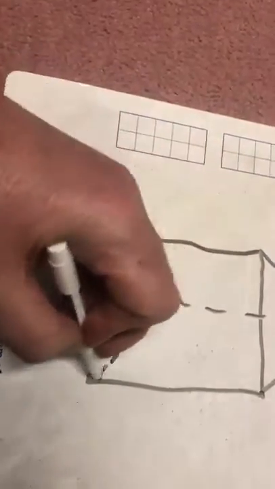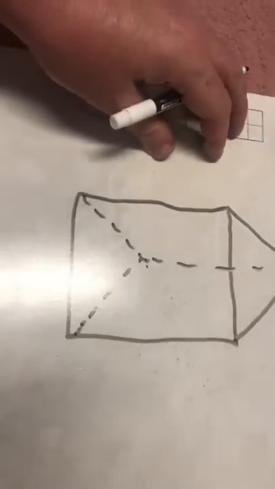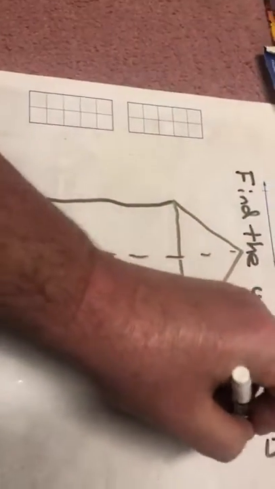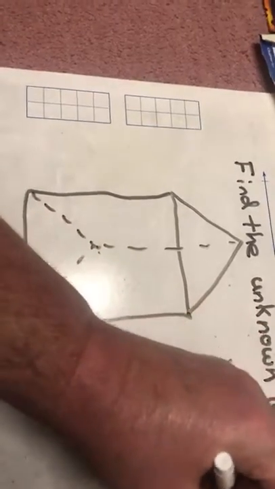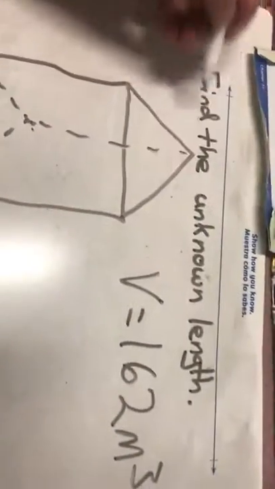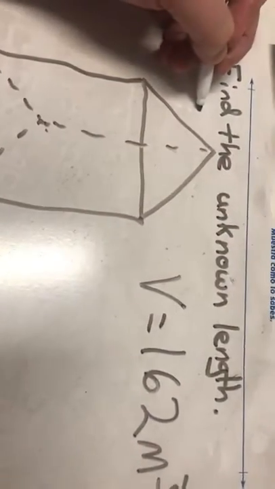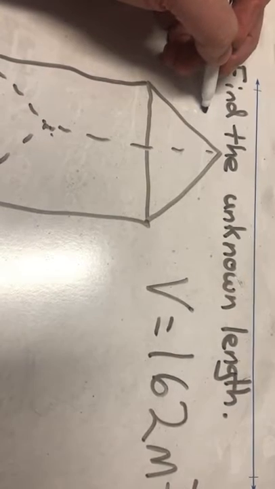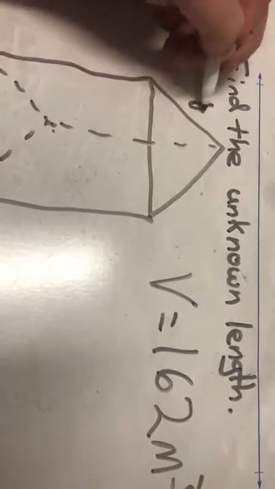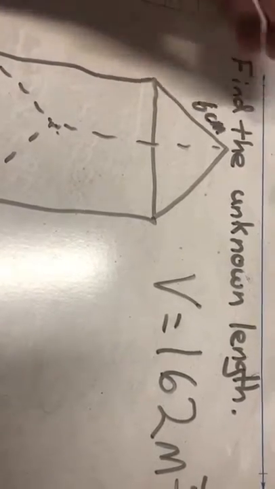All right, let's clear this one more time. For find the unknown length, this will be the last part of the video. Let's get our triangle up here again. Triangular prism. Okay. Dotted line, dotted line, dotted line. All right, and it's going to tell us that the volume is equal to 162 cubic meters. All right, that's our volume. This length here is 6 centimeters.